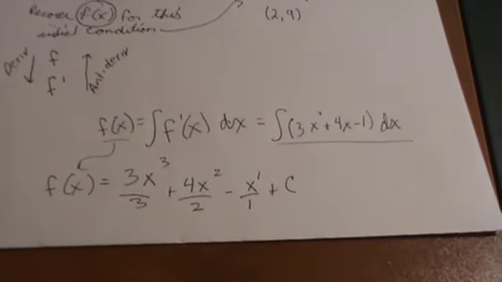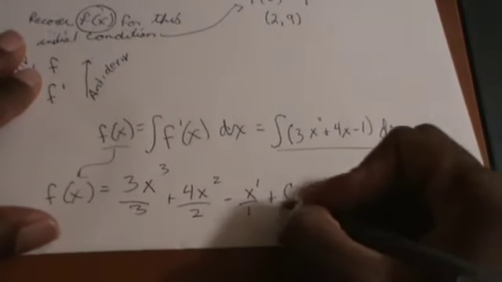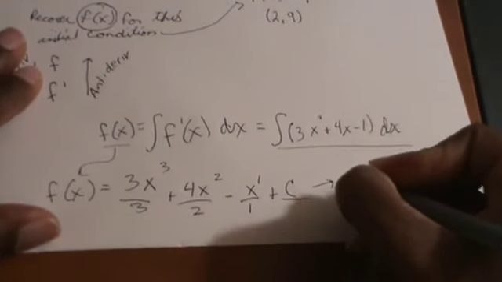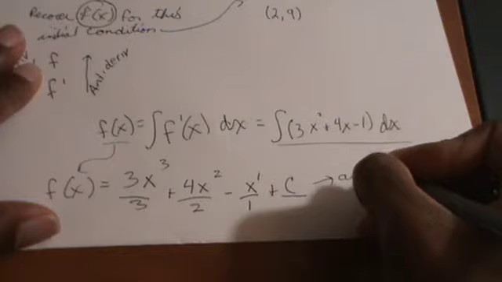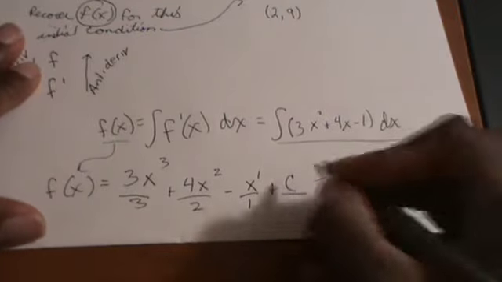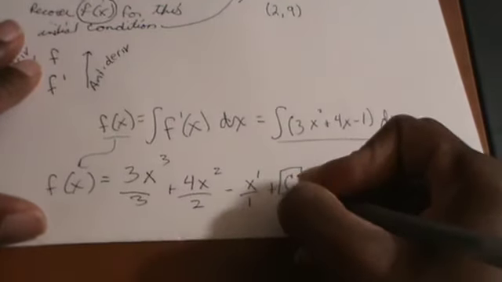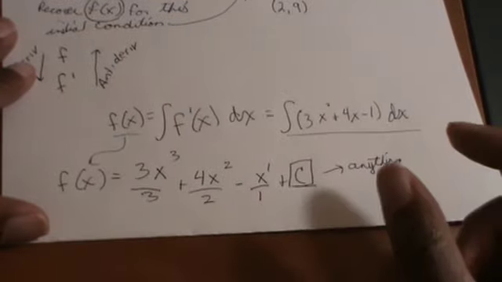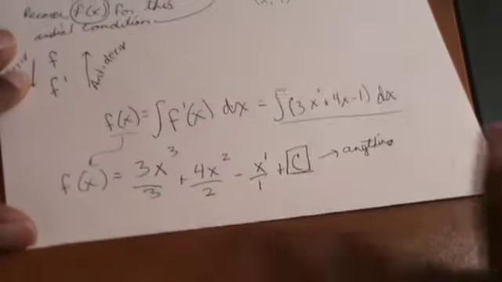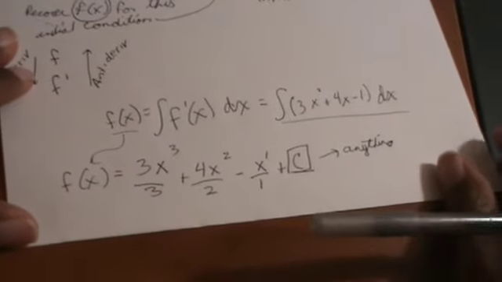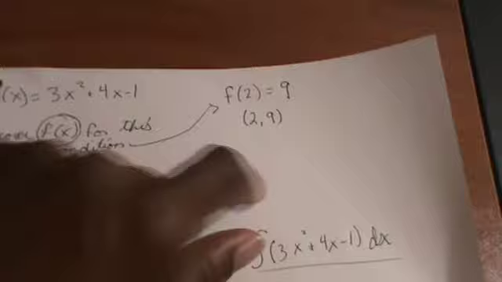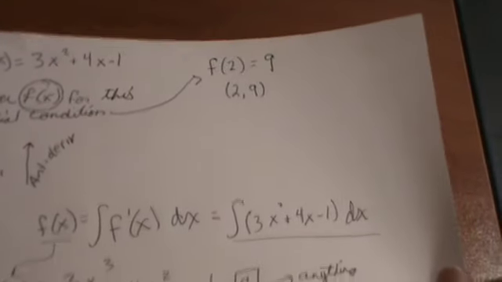We know that C could be anything at this point. So it means that we have a class of functions that are shifting up and down the y-axis. But fortunately for us, we have the one point that the function goes through. So if there's a bunch of parallel functions, only one of them can go through this point (2, 9).